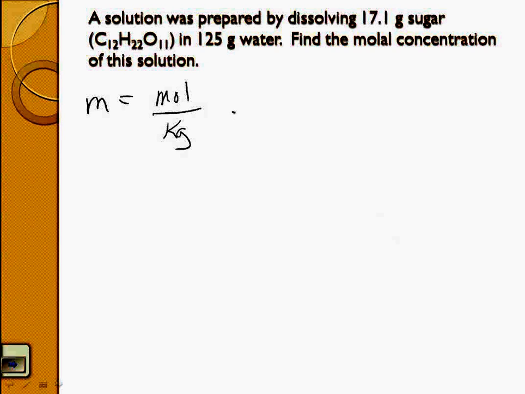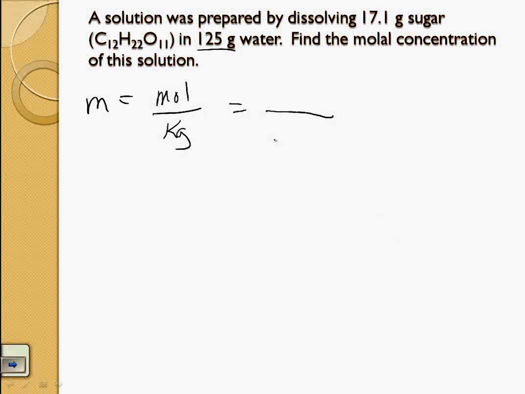First of all, the formula for molality equals moles of solute over kilograms of solvent. We don't have moles yet, but we do know kilograms, which is that divided by 1,000, 0.125 kilograms of water.